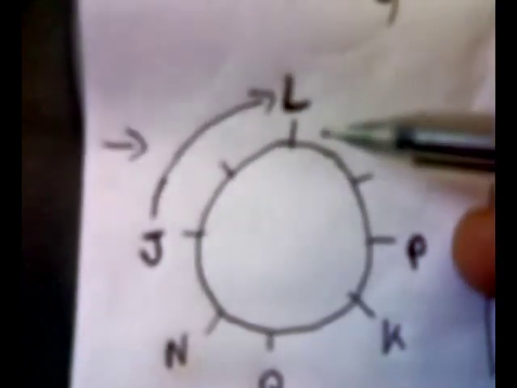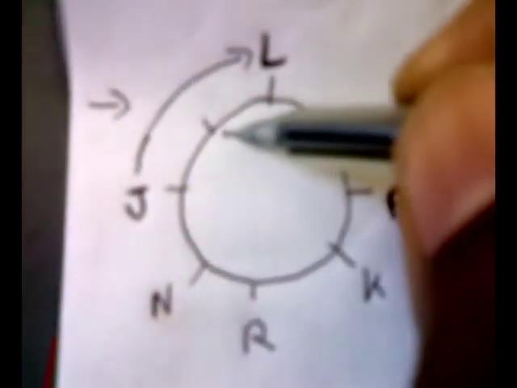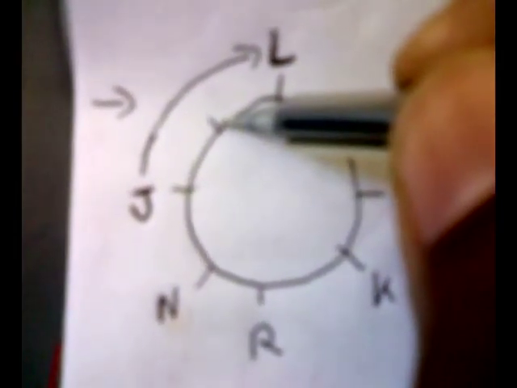First, P's neighbors are this and this. K is already here and here there is nothing, so M will not be here. M is not a neighbor of P, and also M is not a neighbor of L. So L's neighbors are this and this, so M cannot be here and here.